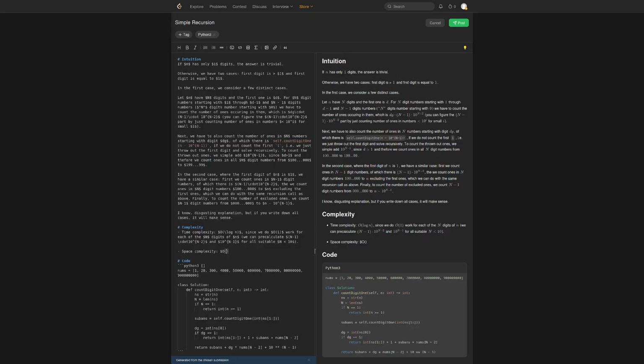And memory is O(1), I think. I mean, it's not, but we could do this non-recursively, I think. It's not O(1) because we are using a call stack.